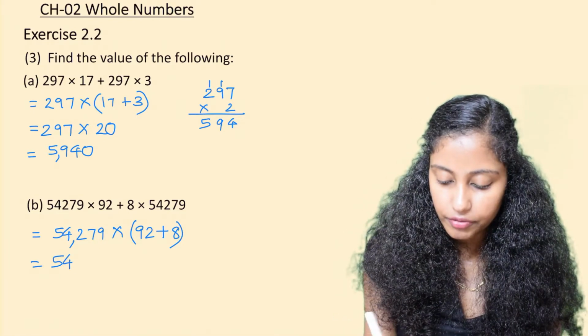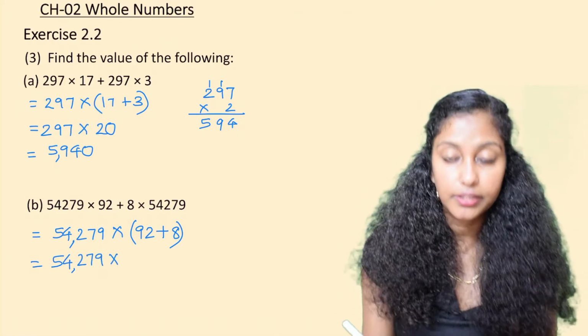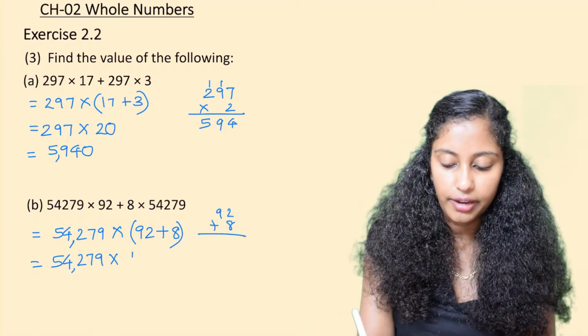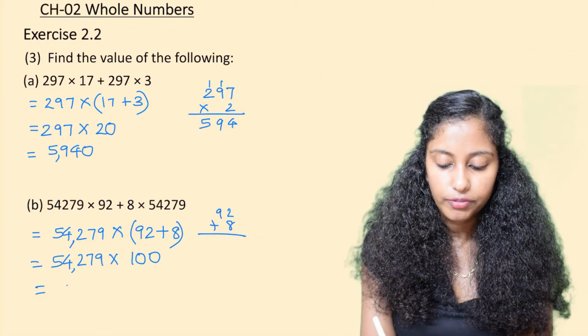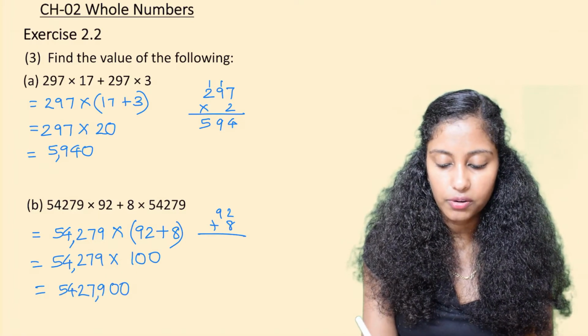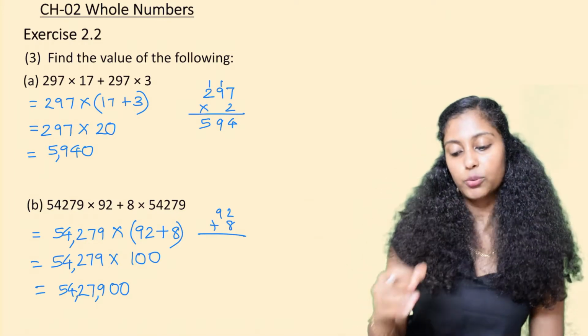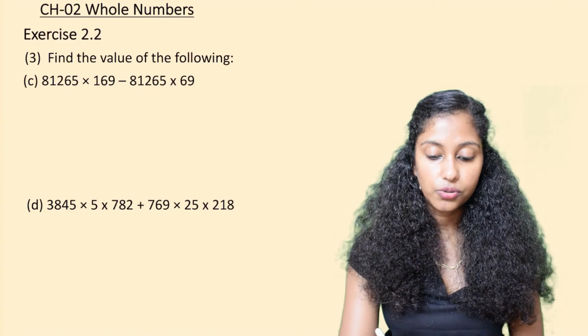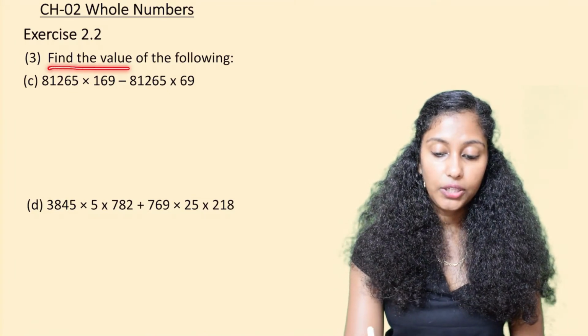Again we write 54,279 as it is. 92 plus 8 we can do in the rough column, or we write it directly as 100. So 54,279 into 1 is the same, and then we add 2 zeros. So this gives 54,27,900.